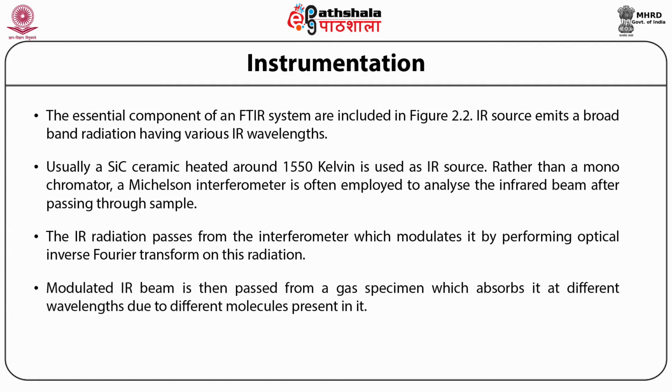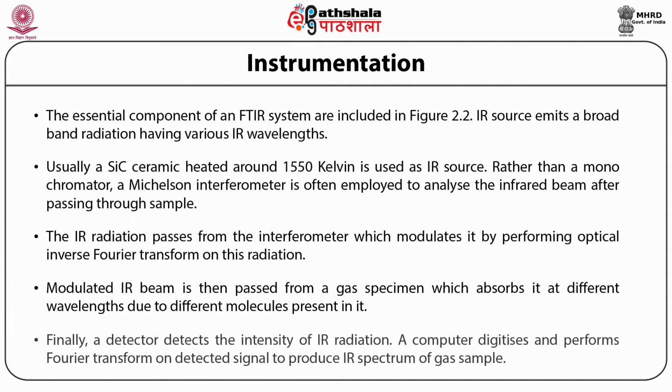The modulated IR beam is then passed through a gas specimen which absorbs it at different wavelengths due to different molecules present in it. Finally, a detector detects the intensity of the IR radiation. A computer digitizes and performs a Fourier transform on the detected signal to produce the IR spectrum of the gas sample.